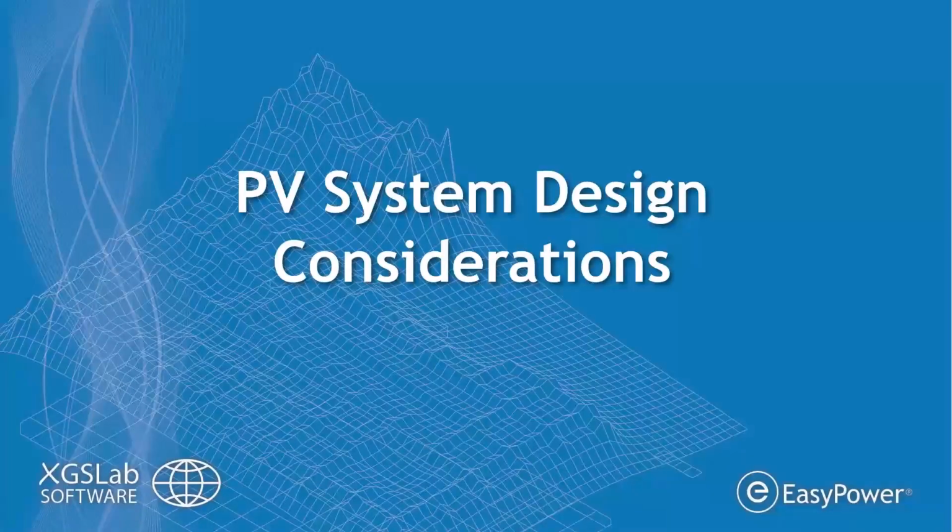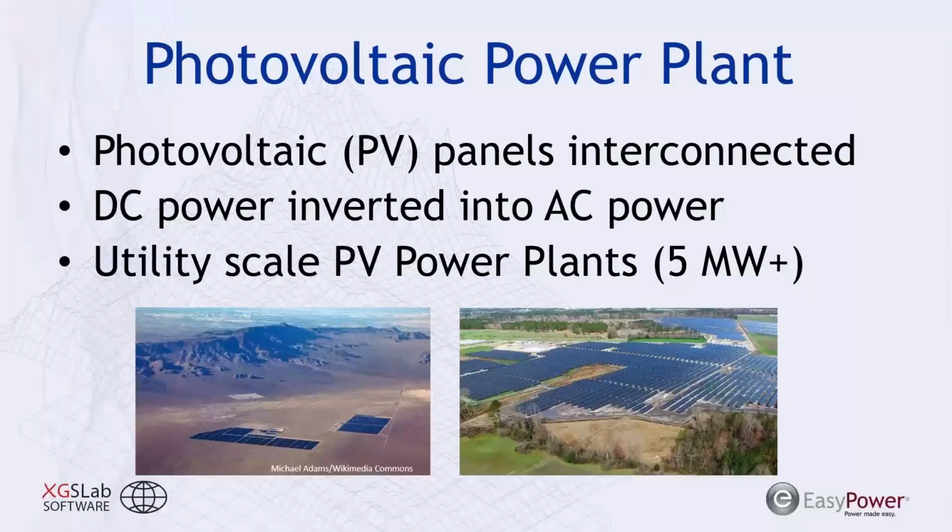Continuing on, we'll go into a general overview of a photovoltaic system design so that everyone can understand just what these systems look like and what we're talking about when we're actually modeling a grounding system for a photovoltaic plant in our software. Photovoltaic systems are generally just interconnected panels, and this allows us to convert DC power into AC power.